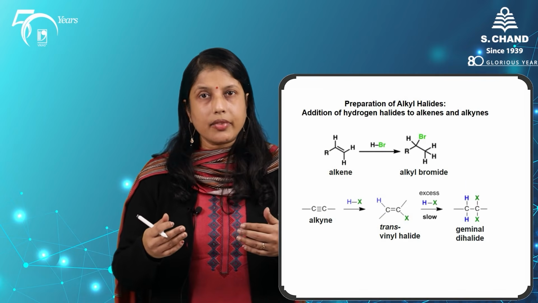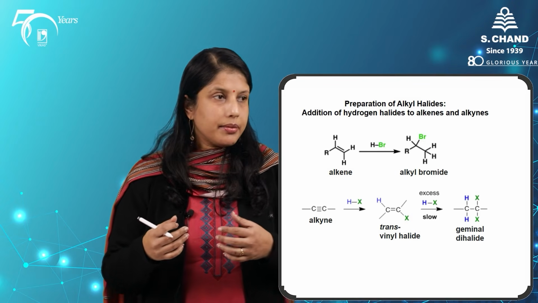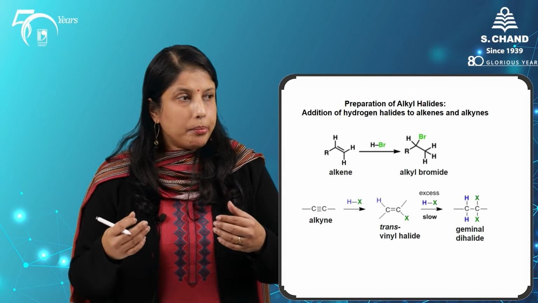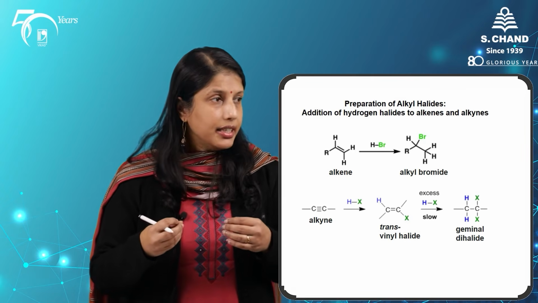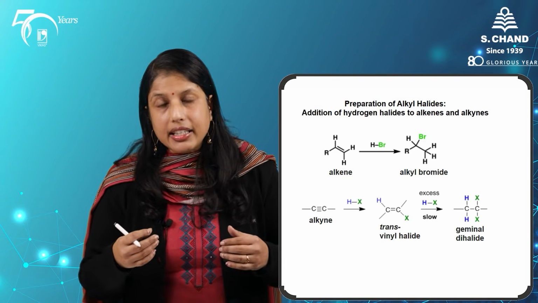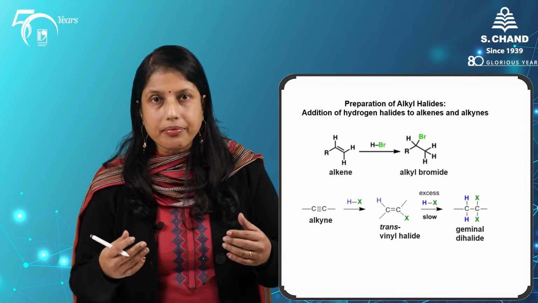Alkyl halides can be prepared through the free radical halogenation reactions on alkenes. But besides that, there are certain more interesting methods. For example, the treatment of hydrobromic acid with an alkene results in the formation of an alkyl bromide.